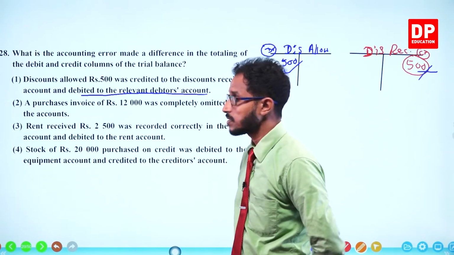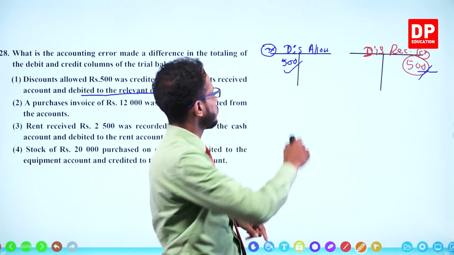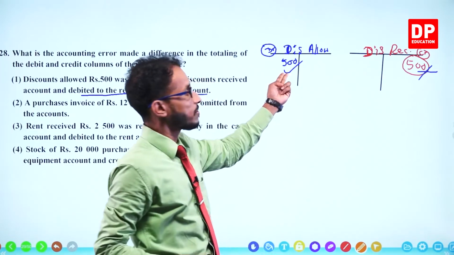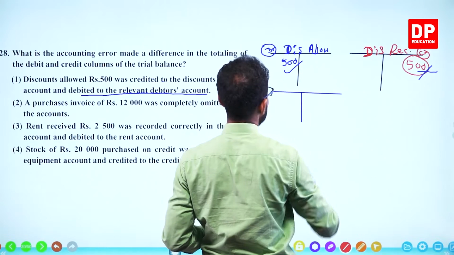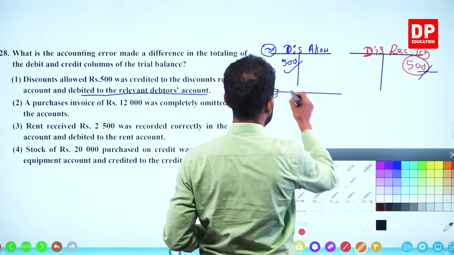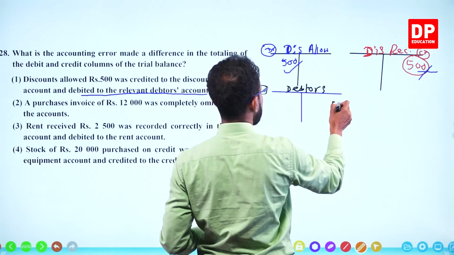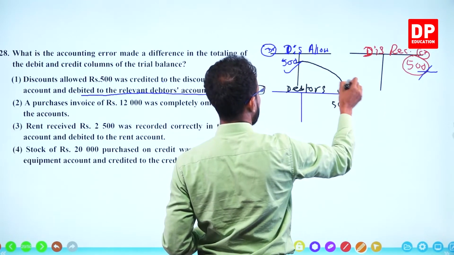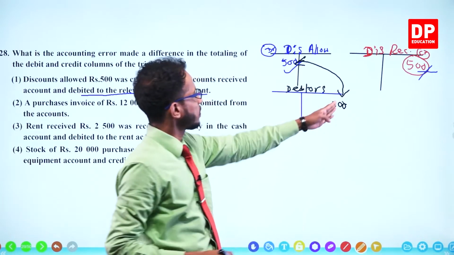Here, guys, it's like this. Discounts allowed is an expense, so it should be debited. When this is debited, the double entry is the relevant debtors account credited.